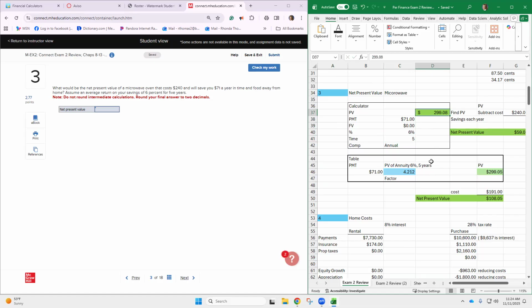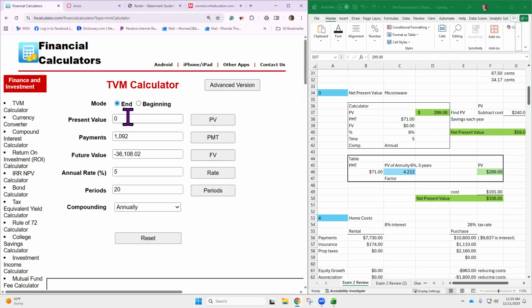So we want to know the present value of those $71 a year savings 5 years into the future. All right, so this one, you have to put the 0 in the future value. This is how much we'll be saving. So there's the present value of $299.08.